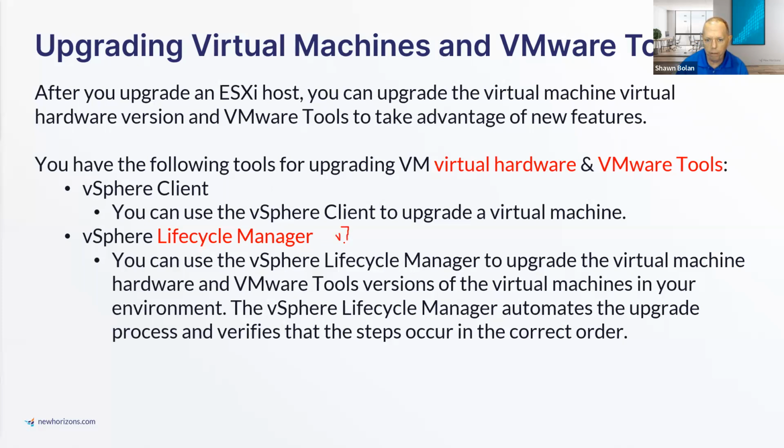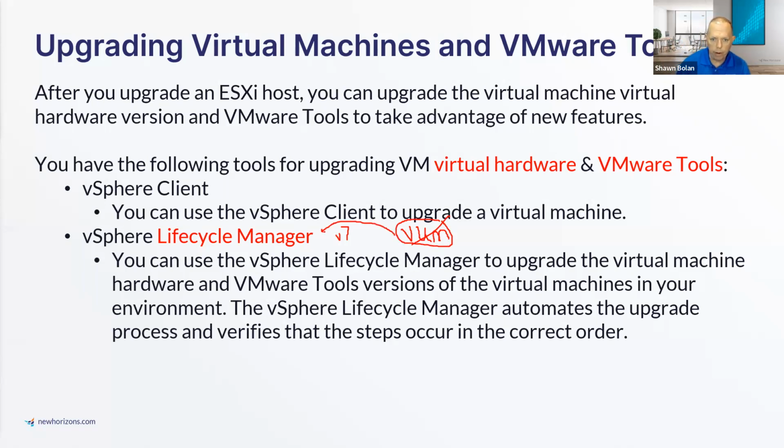It is effectively the replacement for vSphere Update Manager, VUM, the component we used to have to keep our hosts patched. In vSphere 7, VUM went away. It was replaced with Lifecycle Manager.